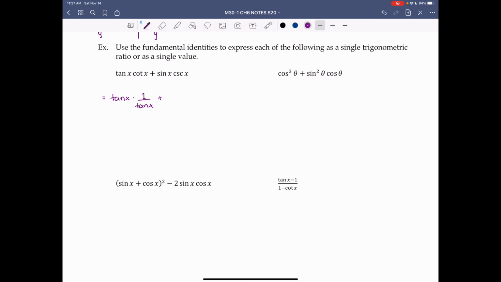Remember that sine x and cosecant x are reciprocals, so we can write this as sine x times 1 over sine x. Then in the first term, tan x divides with tan x, and we're left with 1. And in the second term, sine x divides with sine x, so we have plus 1 again, so we get 2. Which means the expression tan x cotan x plus sine x cosecant x is equivalent to 2.